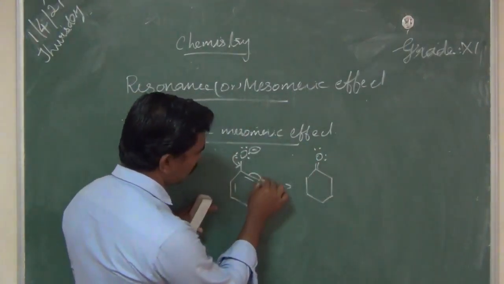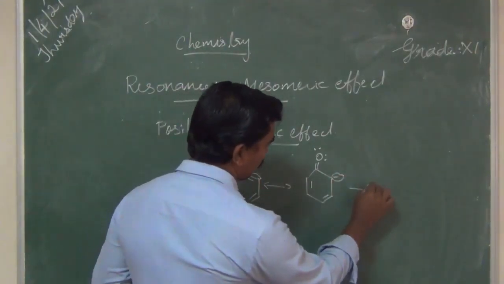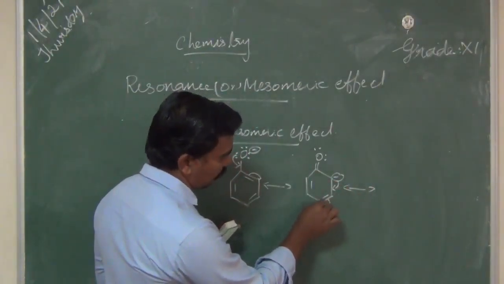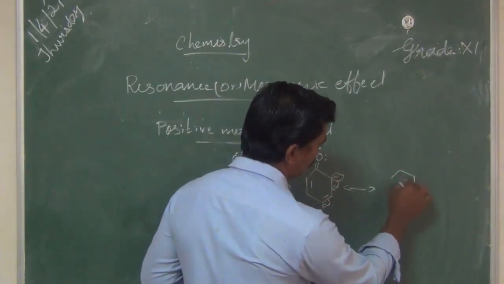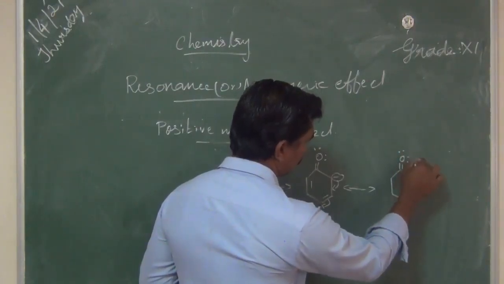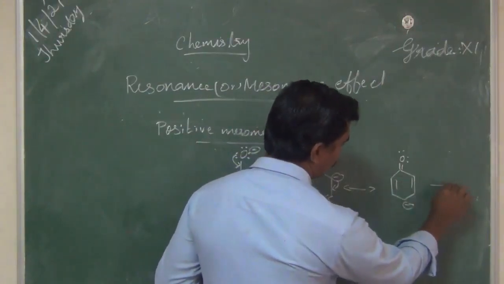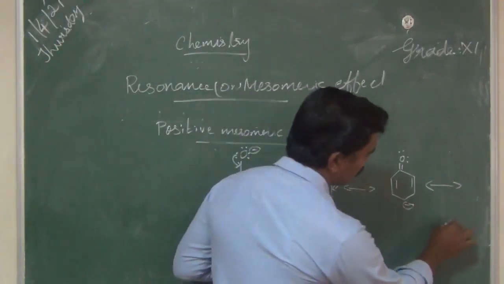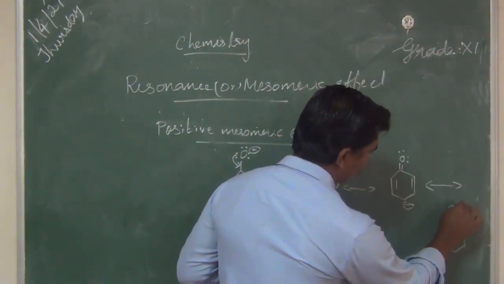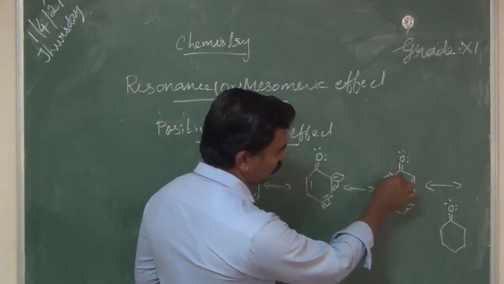Then in the second structure, this electron is moved here. This electron moves here. The next resonance structure, this moves here, then this one.